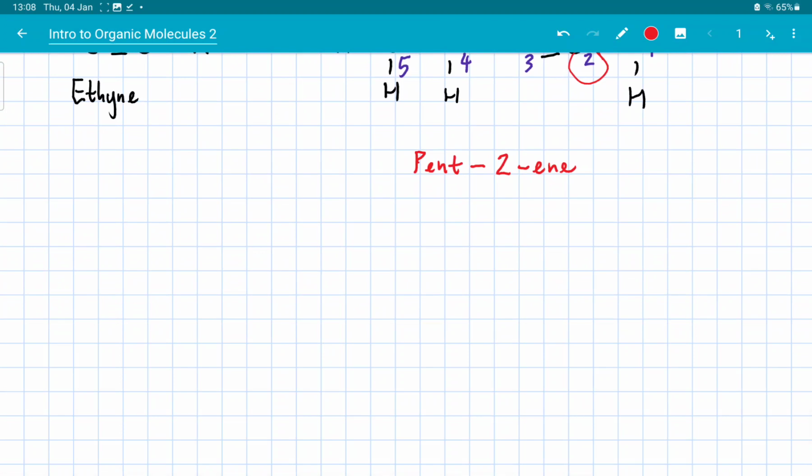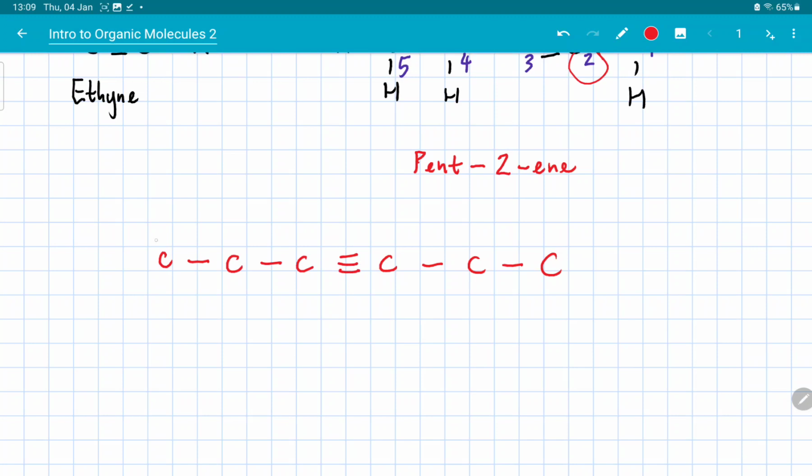Let me do one more example. C1, 2, 3, 4, 5, 6. Again, you need to be careful about your octet structure.